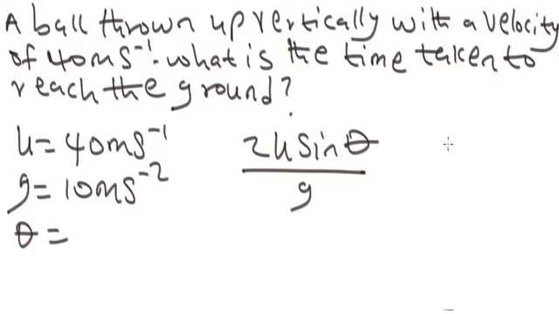Let me tell you the theta will be 90. Let me show you. Let's say somebody is standing beside this wall, and the person throws an object according to this question. The person throws the ball vertically. Let's say the ball goes up like this.